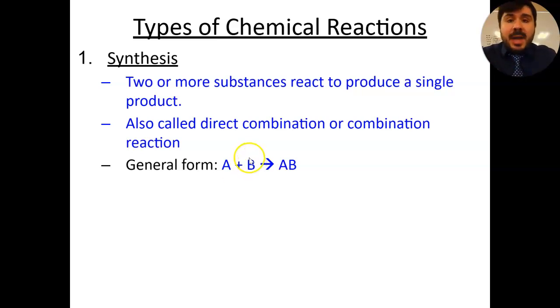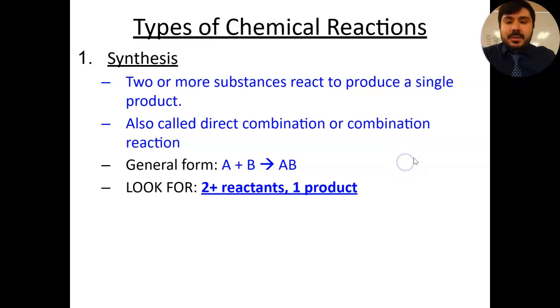This B would be then a different element's symbol from the periodic table. Synthesis, guys, is when you've got 2 or more smaller pieces reacting together to form one larger piece, right? So this small piece A is combining with this other smaller piece B, forming a larger piece, AB, right? You're synthesizing or sort of melding together 2 small pieces to create one larger piece, called synthesis, okay?